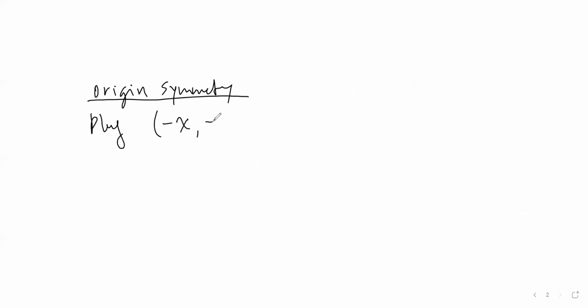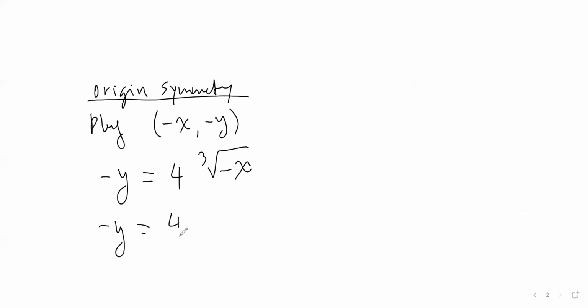So for origin symmetry, we have to plug negative x, negative y. We change the sign of both. So therefore, negative y equal 4 times cube root of negative x. And actually, we just simplified this in the previous part, which is like negative 1 times positive x.